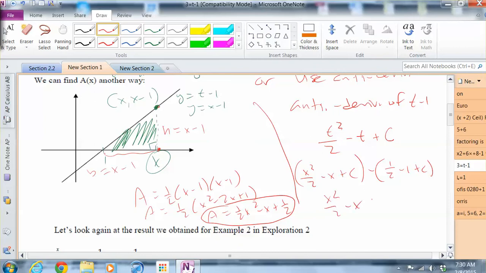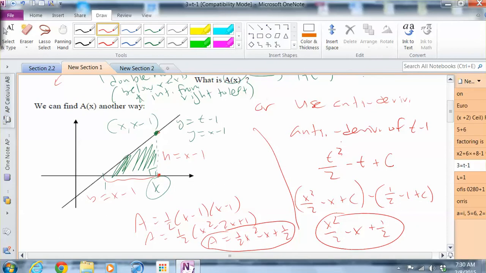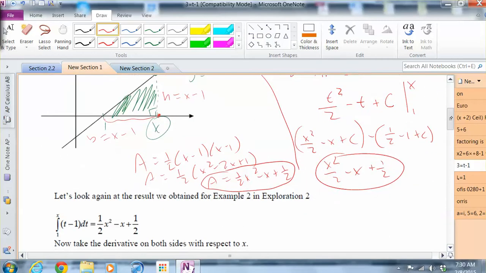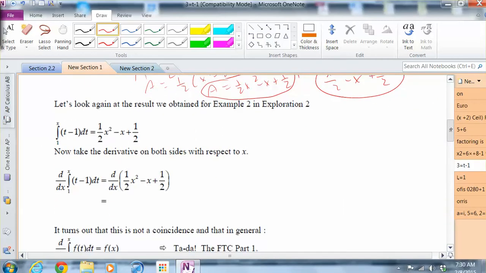You have a negative before it, so plus half. Oh, you get the same thing. So again, the way we're evaluating this, because remember we're going from 1 to x, we plug an x in for t, and plug 1 in for t, and subtract. So we get the same thing, and we see it right here, right? The integral from 1 to x of t minus 1 dt is half x squared minus x plus half.